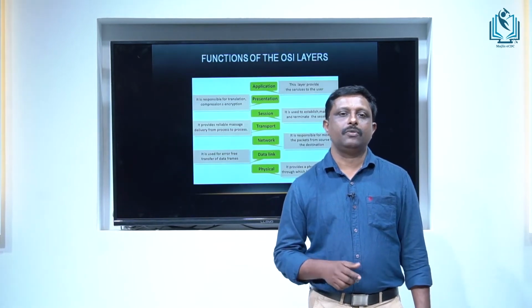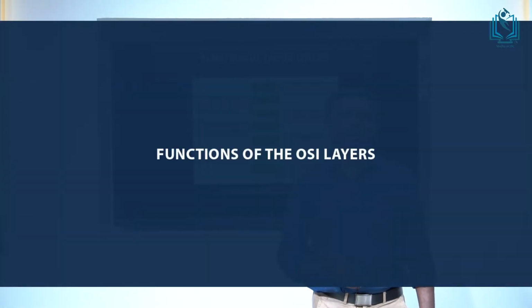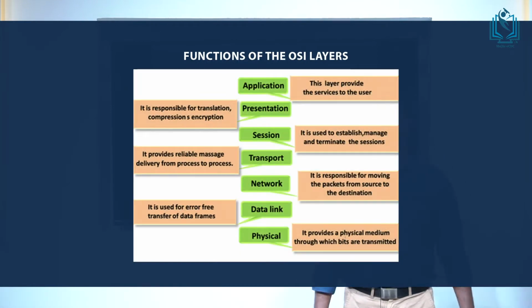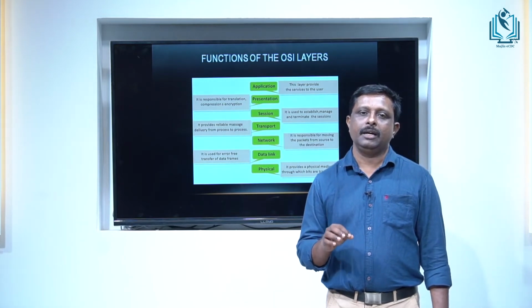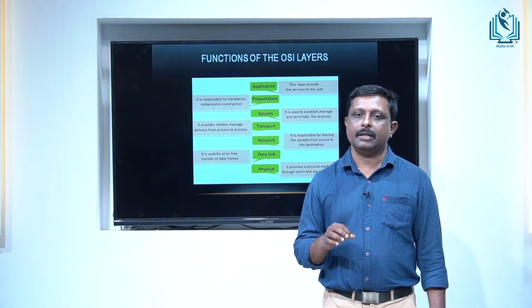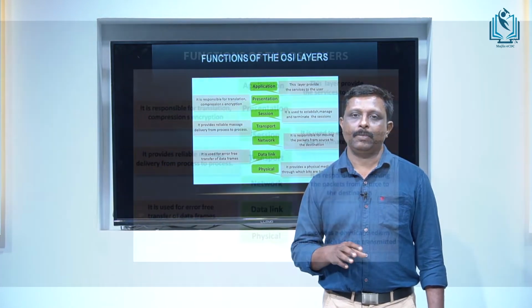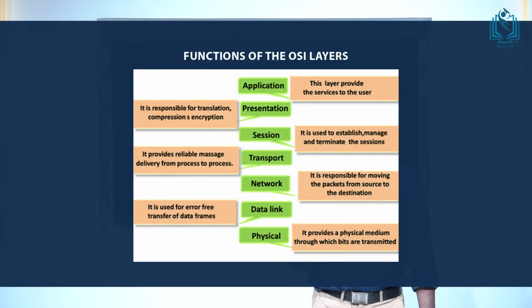The functions of the different layers. First, the physical layer provides the physical connection; activating and deactivating the physical medium is done by the physical layer. Error-free transmission of messages is controlled by the data link layer. The network layer is responsible for moving packets from source to destination.